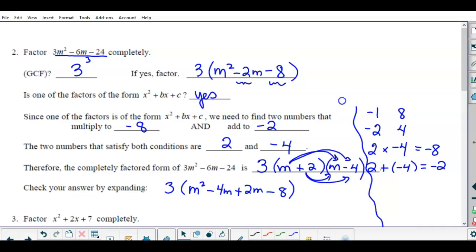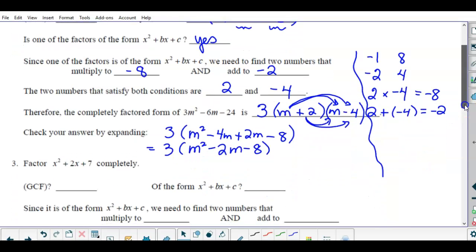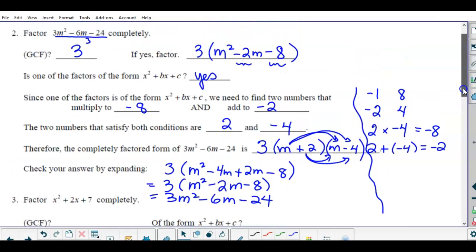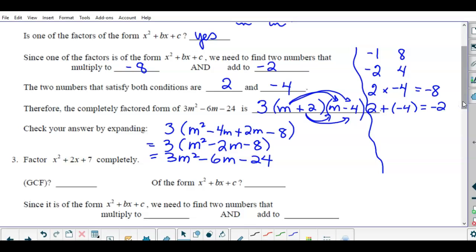Okay, collecting like terms inside the brackets, you get this expression, which is what we factored. Expand that out, and you get your original expression. If you take a look back at the top, it's exactly the same.